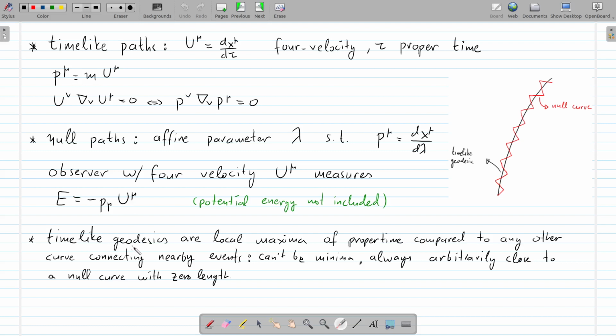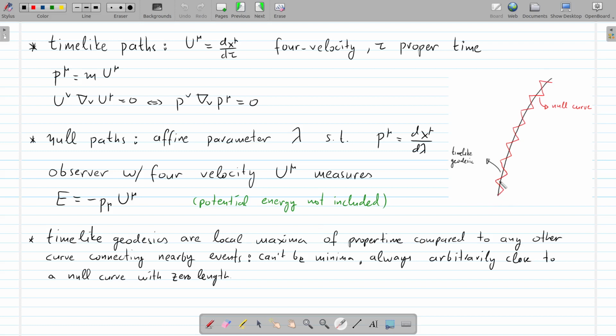Time-like geodesics, we will see that there are local maxima of proper time with respect to all curves connecting to neighboring events. But we will prove that there are local extrema, but we can see that these are local maxima and not local minima, because any time-like geodesic is infinitesimally close to a null curve.